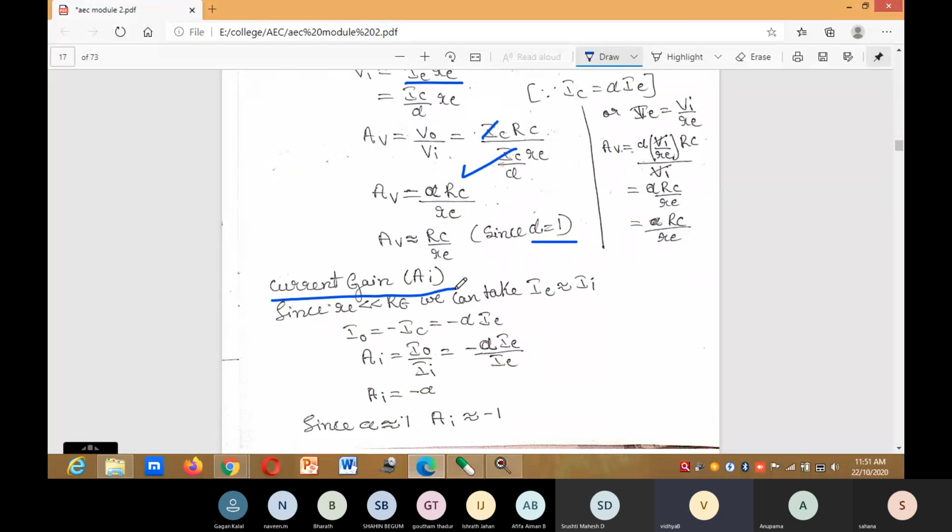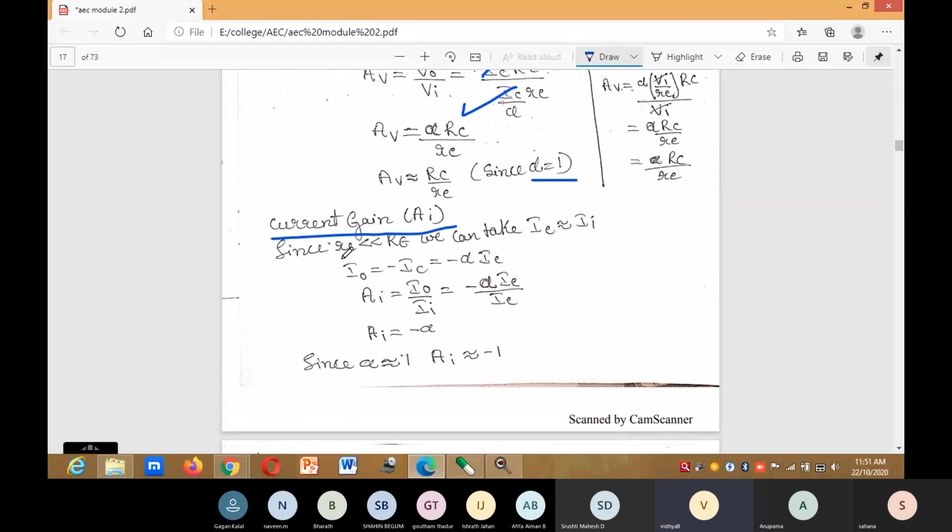Next, current gain. Since re is less than capital RE, we can take IE equals II. I0 is equal to minus IC, and the IC value is alpha into IE.